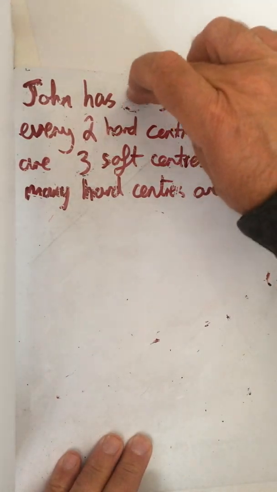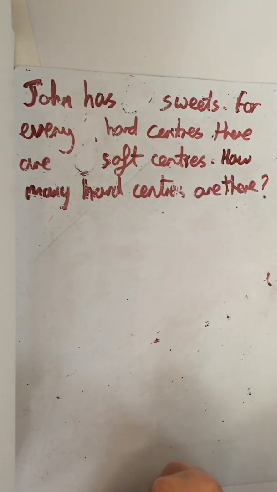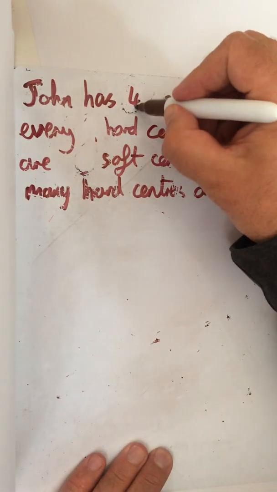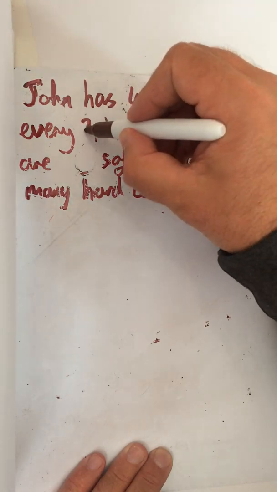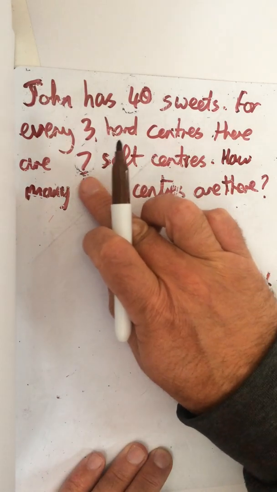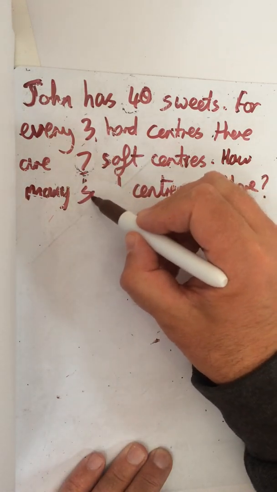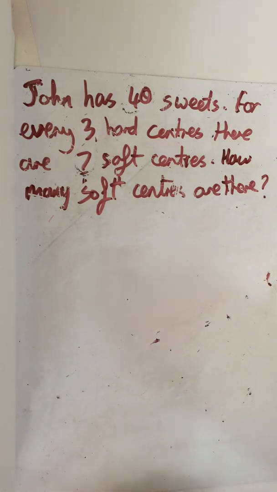numbers can change. Okay, so it could be the ratio. It could be that here's 40 sweets, and there are 3 hard centers for every 7 soft centers, and it could be asking how many soft centers are there. But it doesn't really matter, we just do exactly the same every time.